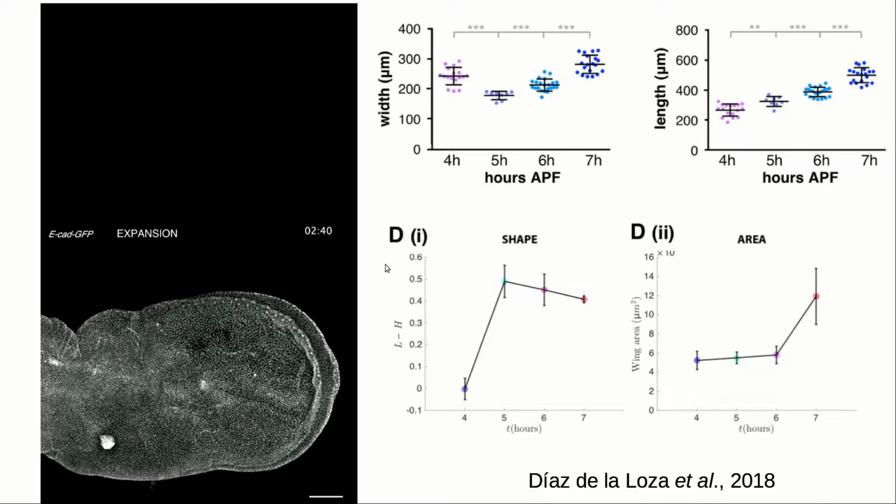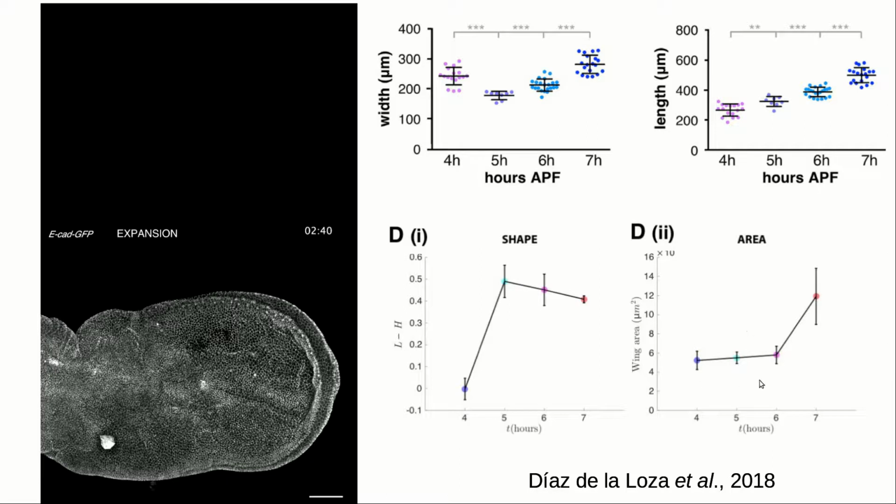So if you calculate some shape index, which is length minus width of the wing, you can see how this shape changes sharply between 4 and 5 hours after pupae, but then it remains more or less constant or even decreases a little between 5 and 7 hours after pupae. On the other hand, wing area stays constant between 4 and 6 hours and then increases between 6 and 7 hours.